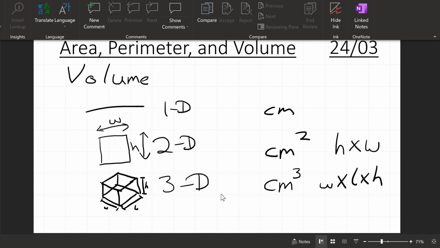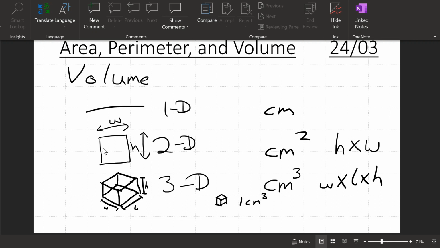So if I were to create just a 1 by 1 by 1 block, a really tiny block, 1 centimeter by 1 centimeter by 1 centimeter, that would be 1 centimeter cubed. And each value that we would get in centimeters cubed would be how many 1 centimeter cube blocks we could fit in there.